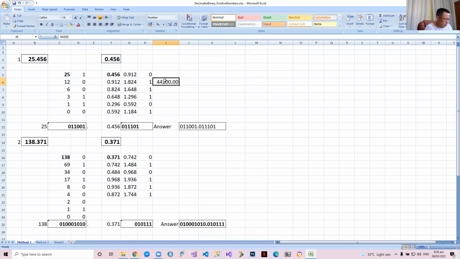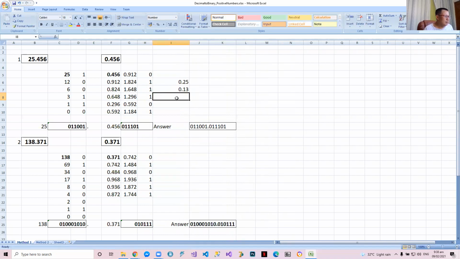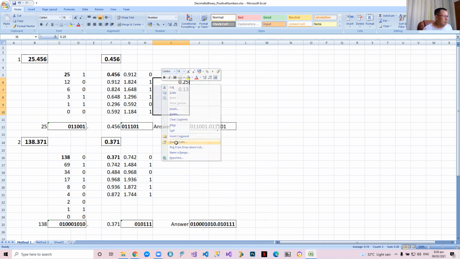This is 1/4. This is this divided by this. Okay, actually that's 1.125. Okay, I'm just going to check this. Let's format this to 4 binary places. So yeah.